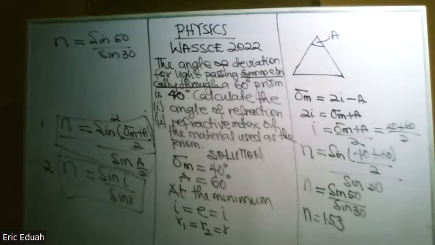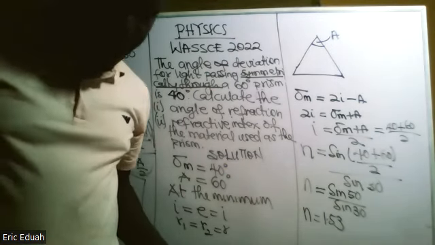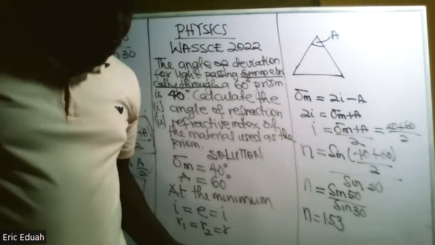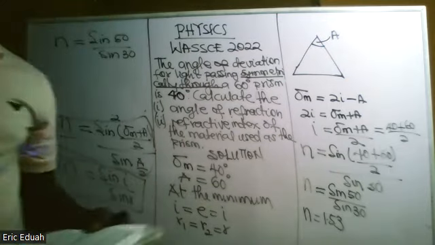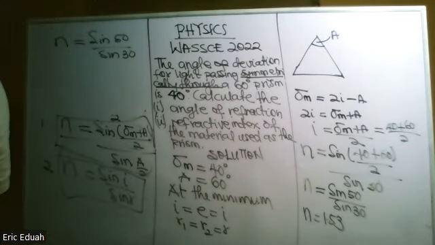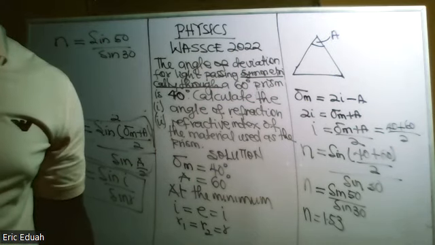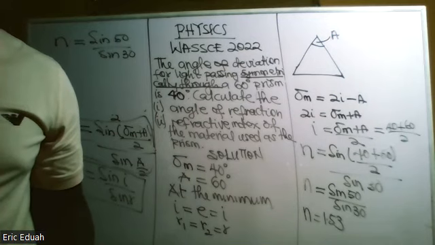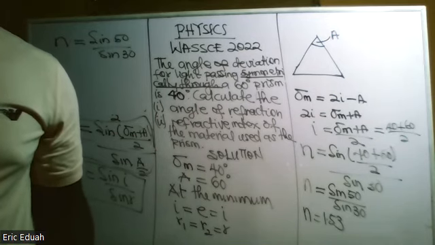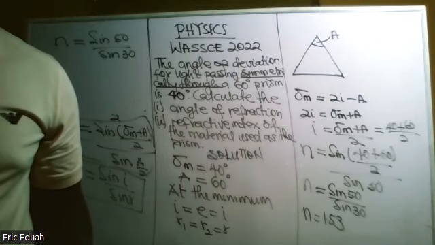So a ray of light passing through a prism, having refractive index root of 2, surface minimum deviation.